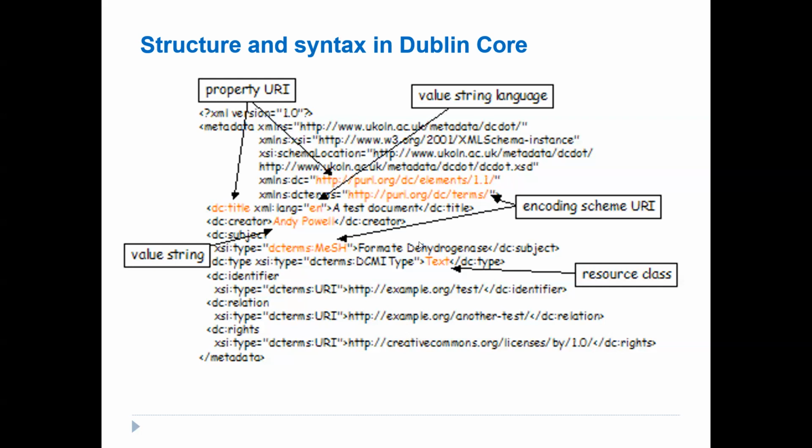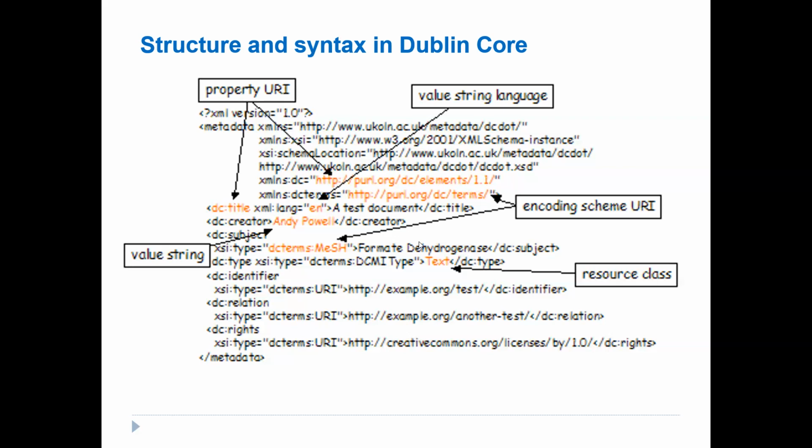Then we're also going to tell it which terms we're using, that we're using the Dublin Core terms. So we're going to give it very specific information before we even start the metadata piece of it, exactly what we are using in constructing this.